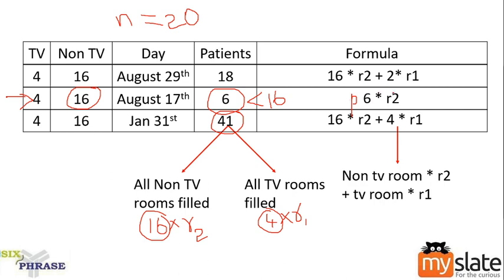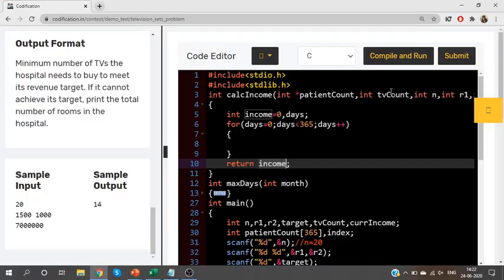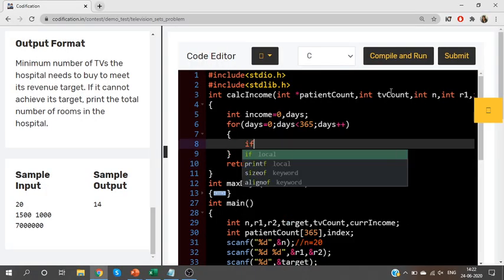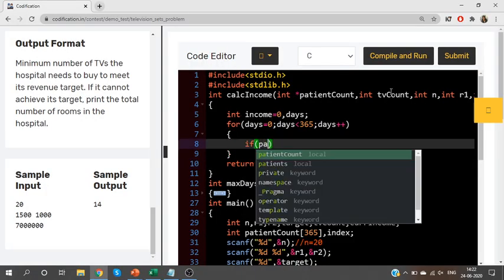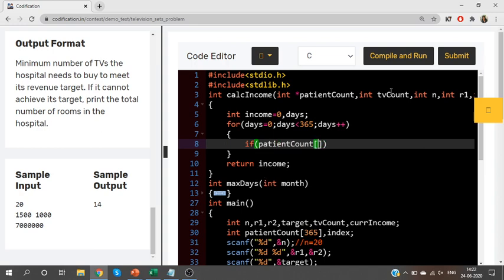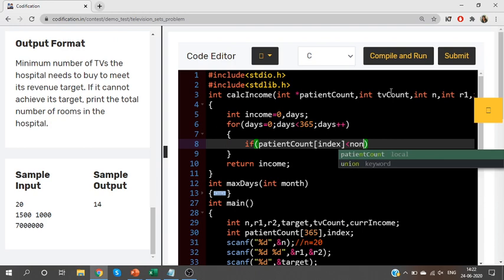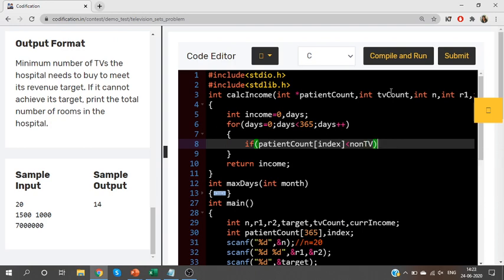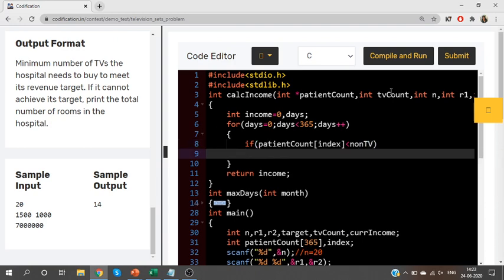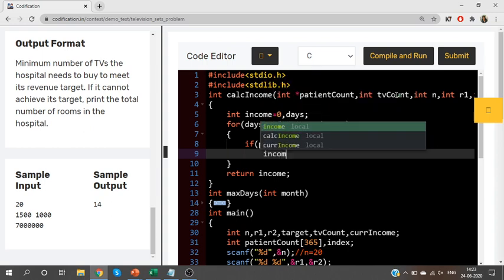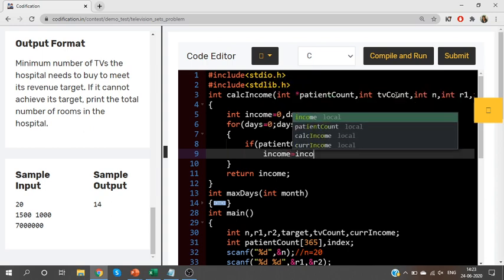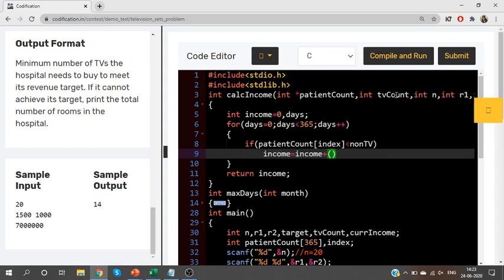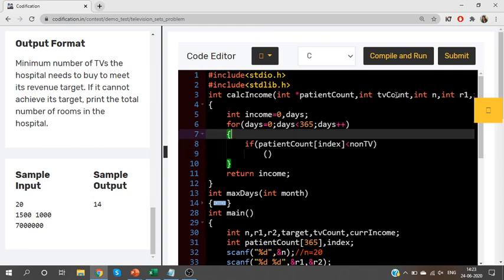Let me write down this scenario first. If the number of patients is less than non-TV rooms, income is equal to previous income plus, or rather, we will have a temporary income. Why confuse?